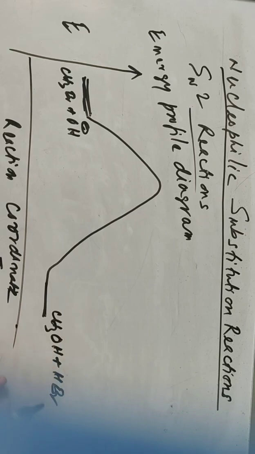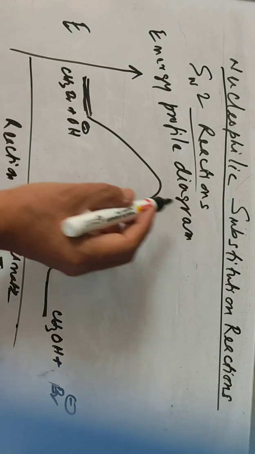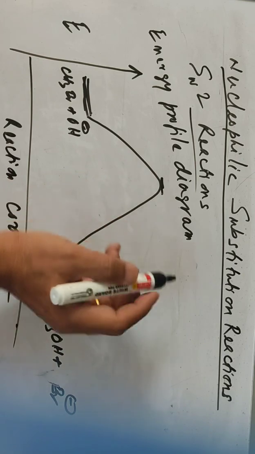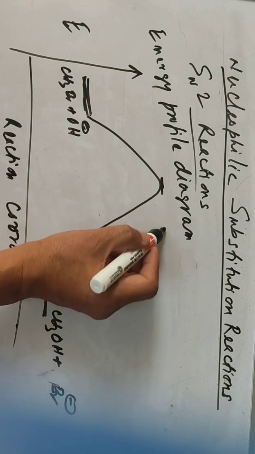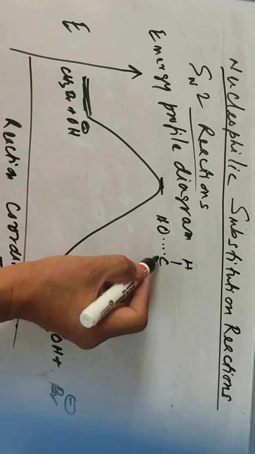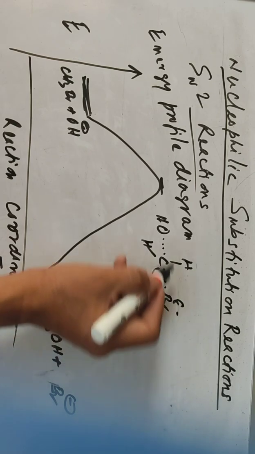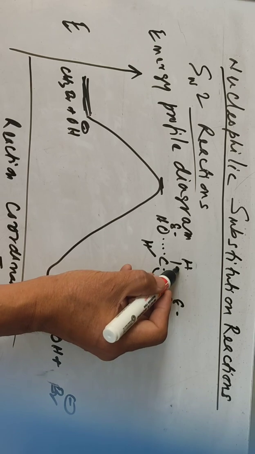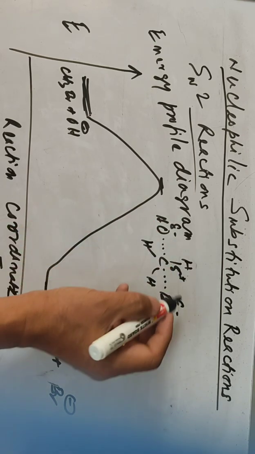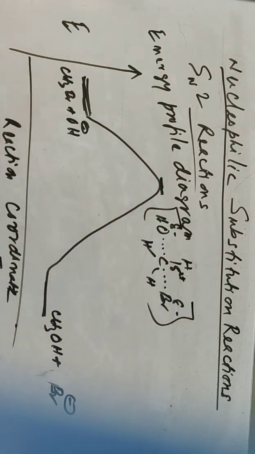The intermediate here is the transition state, like the earlier one: OH, then C with hydrogens, then the bromide, with delta negative and delta positive. So this is the intermediate complex, the transition state.